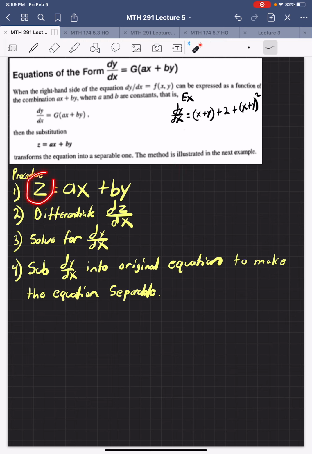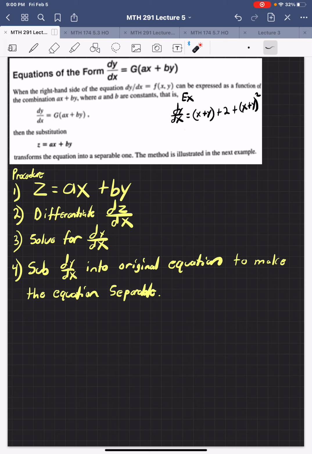We are going to define that ax plus by as z, so that I'm going to plug a z in here. Then we're going to differentiate z with respect to x, and that's what we're going to solve for.